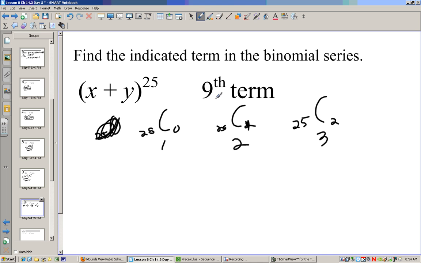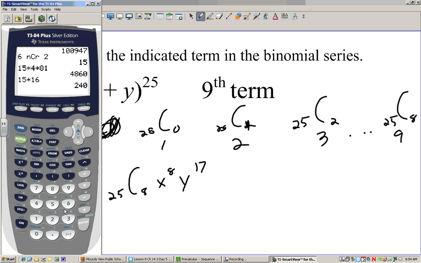So if I want to find the 9th term, the 9th term will be at 25 choose 8, because this number is always 1 less than the term number. So if I have 25 choose 8, that means my x value will be to the 8th power, and my y value will be to the 17th.